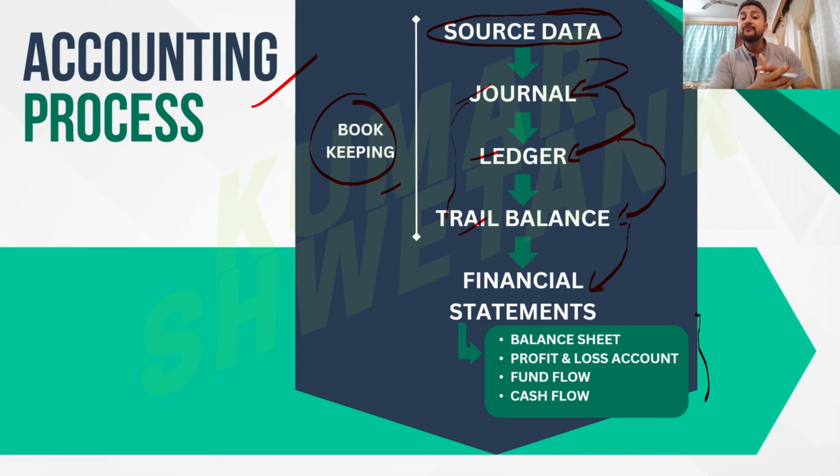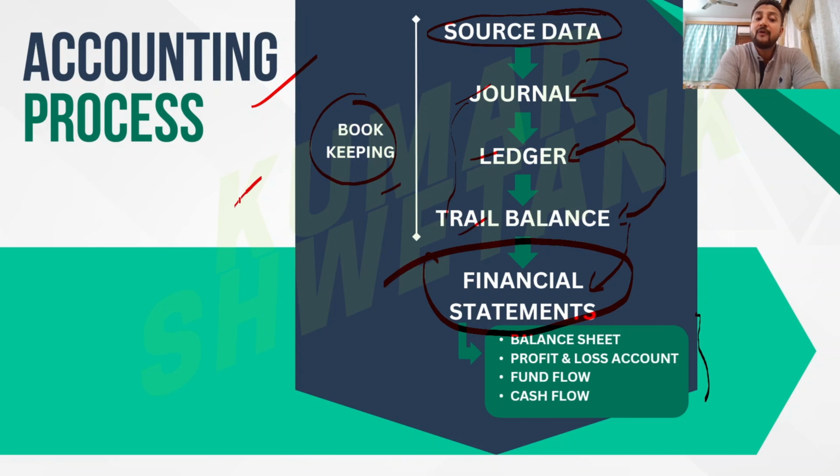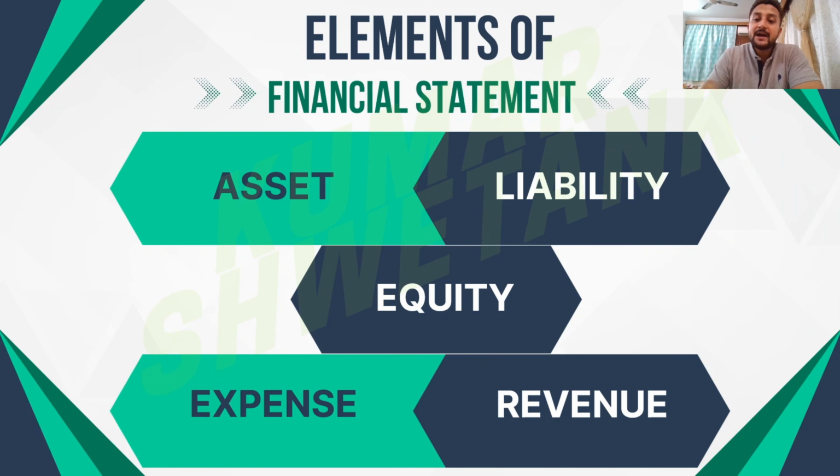To prepare these financial statements you need to know five terminologies which we have talked about earlier. You have got to make these five terms, these languages of accounting, rock solid. So let's start with these languages first: asset, then liability, then equity, expenses, and revenues.